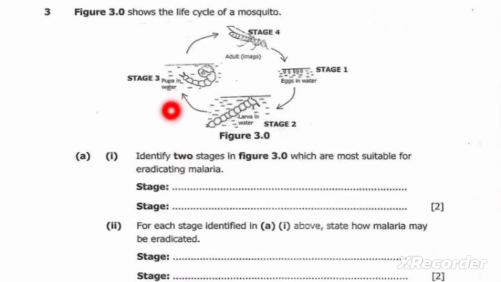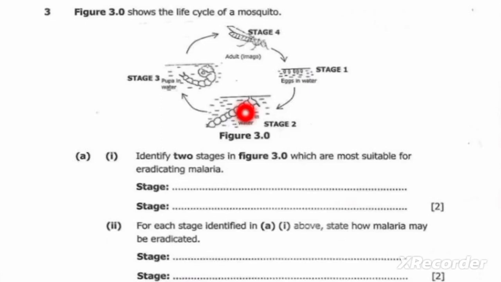Reason being, they are found in designated places, or on a stationary place. For example, larvae are found on the surface of the stagnant water. The adult mosquito lays eggs on the surface of the stagnant water.